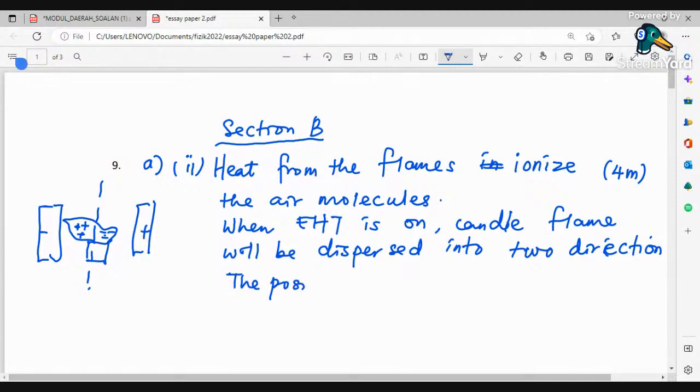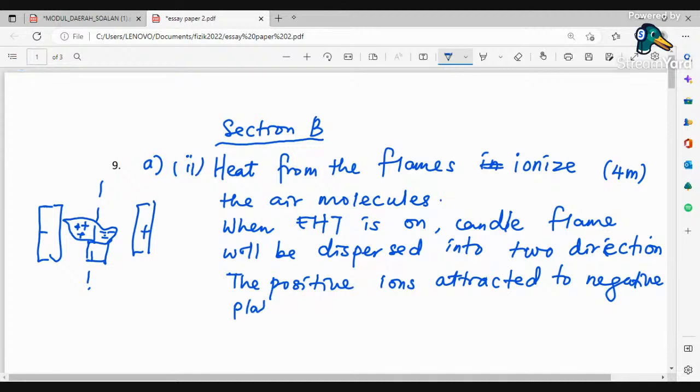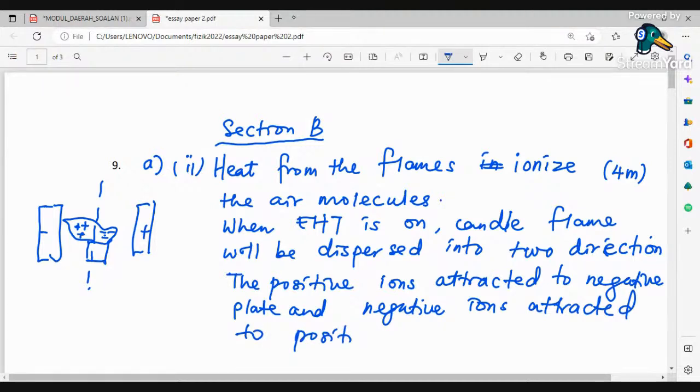The positive ions are attracted to the negative plate and negative ions are attracted to the positive plate. We have Emily here with 1 point.